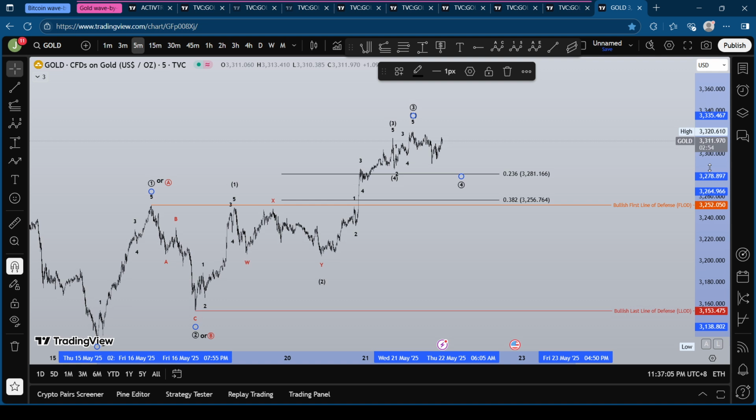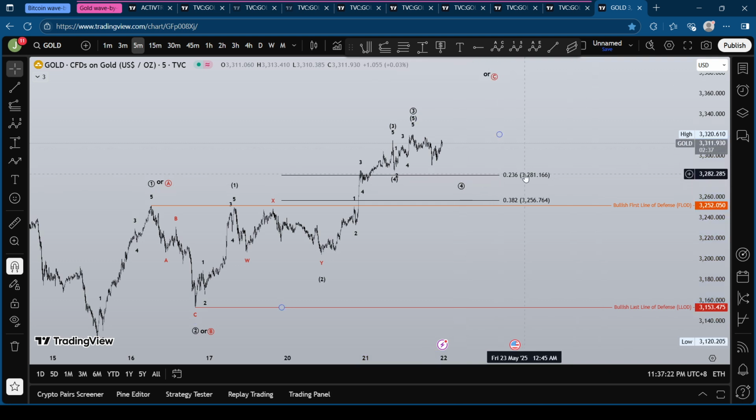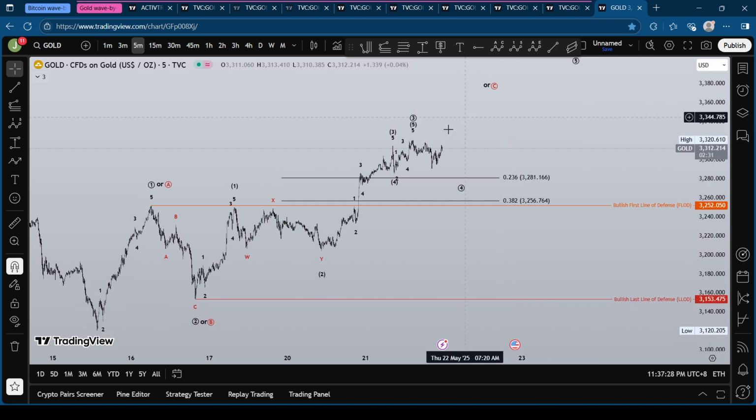Now, Sir Jack, what will happen if the price creates a new high here? Then there's a possibility of extension, because the quote-unquote shallowest retracement for wave 4 should be that 0.236. Anything above that can be considered an extension.